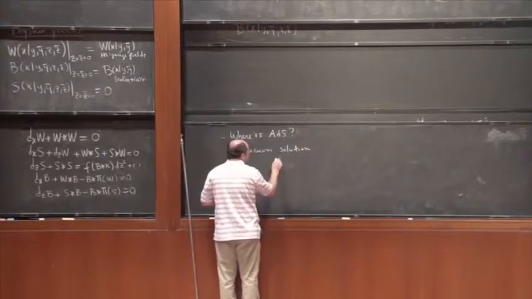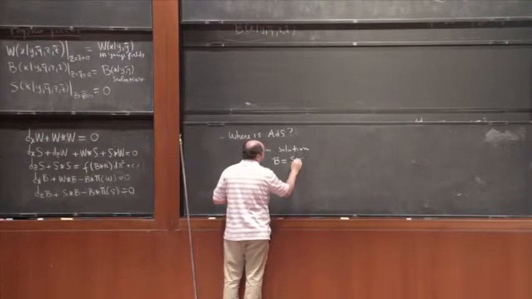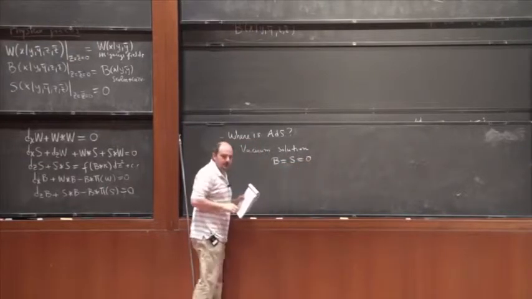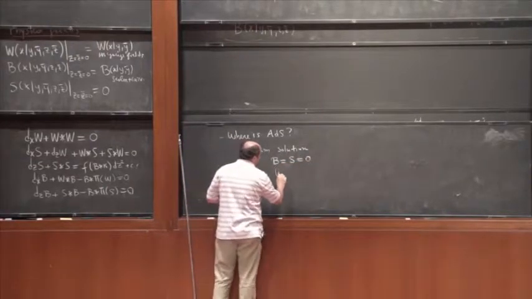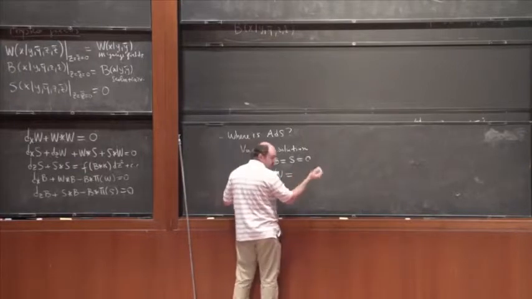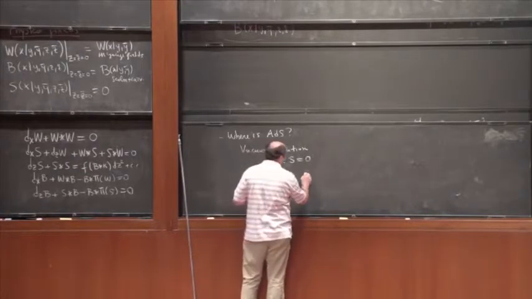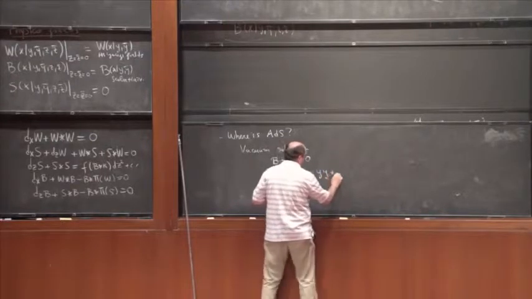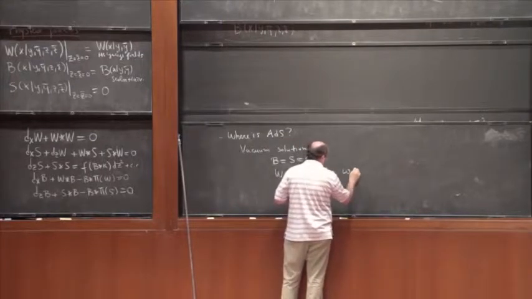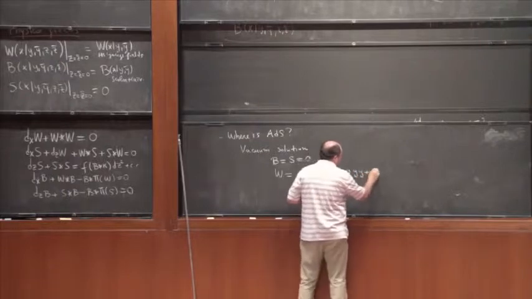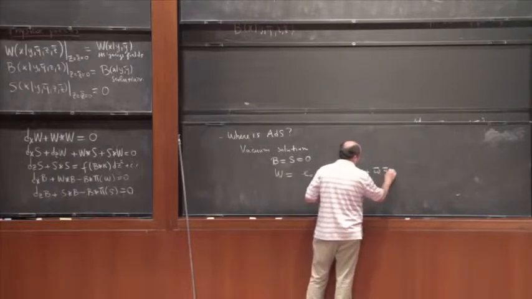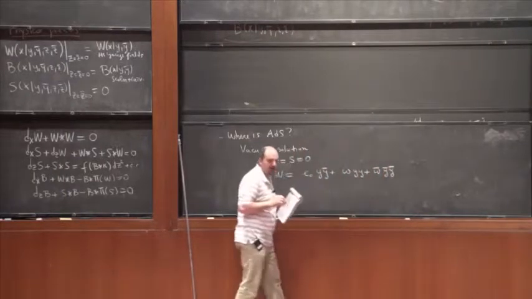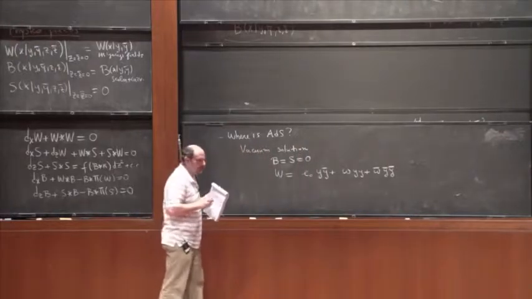Well, it's just B equals S equals 0, and W equal just a bilinear in Y and Y bar. I hope you don't mind if I omit indices here, just to be quick.